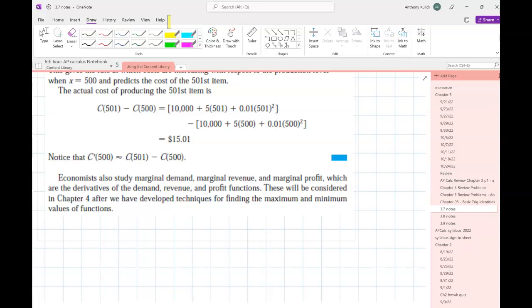Feels like something good to know. Or minimize costs or maximize revenue, depending on what you're trying to do with your business, whether you want profit or just raw income. You know what I mean?